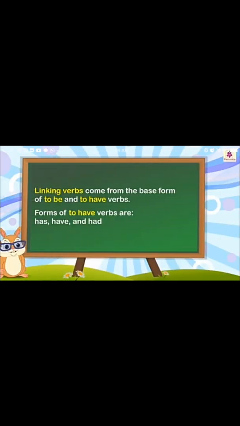And linking verbs that come from the base form of verb to have are has, have and had. Children, this you have to learn. These are basic things that you have to learn. The forms of to have verbs are has, have and had, and forms of to be verbs are is, am, are, was, were and will be.